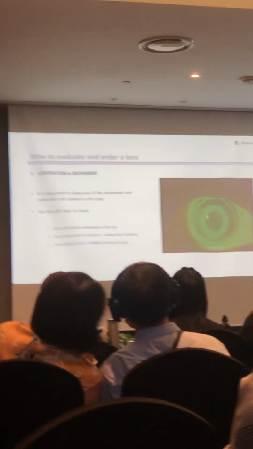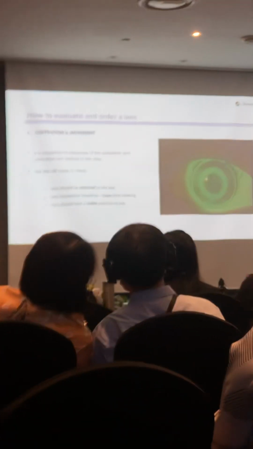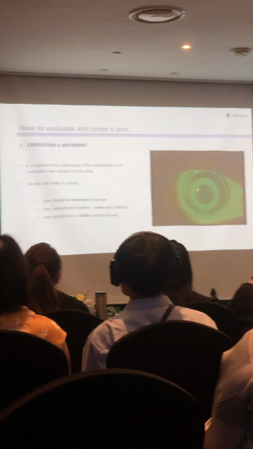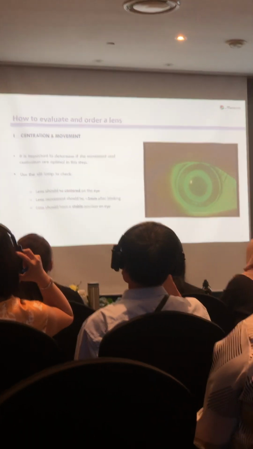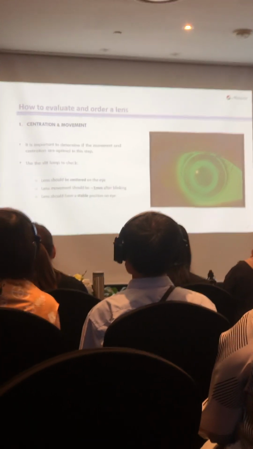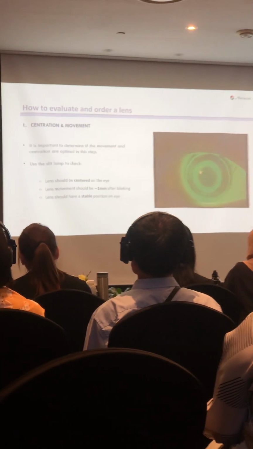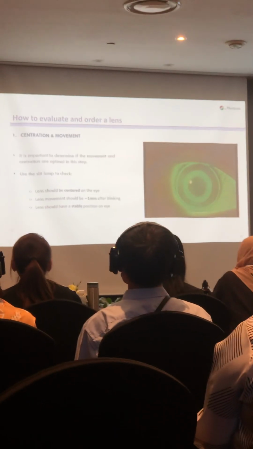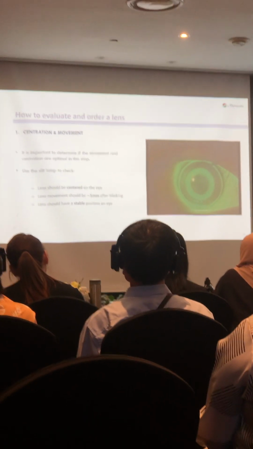We want to make sure that the centration is good and the movement is smooth. Usually when I insert the lens, I let the patient settle for a few minutes, maybe one to two minutes, just to let the tears become more stable. Then we can proceed to check the fluorescence patterns.